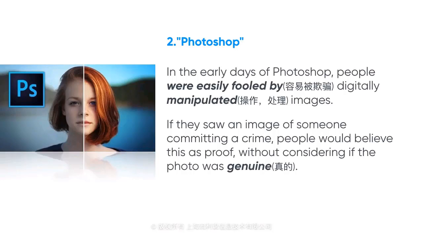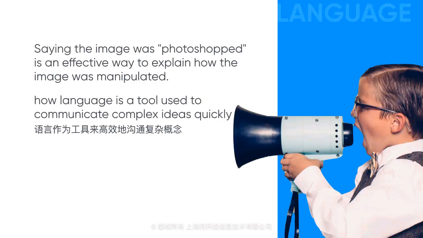If they saw an image of someone committing a crime, people would believe this as proof without considering if the photo was genuine. Saying the image was "photoshopped" is an effective way to explain how the image was manipulated. This is a key example of how language is a tool used to communicate complex ideas quickly.